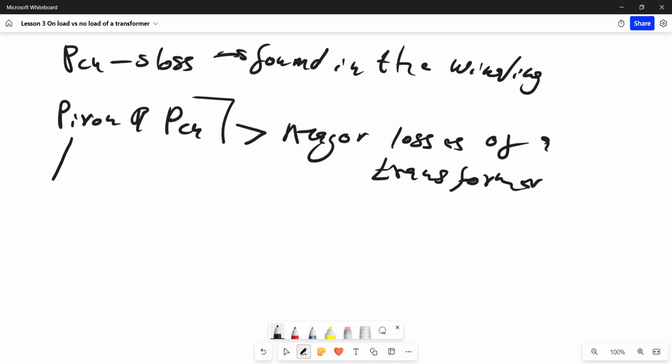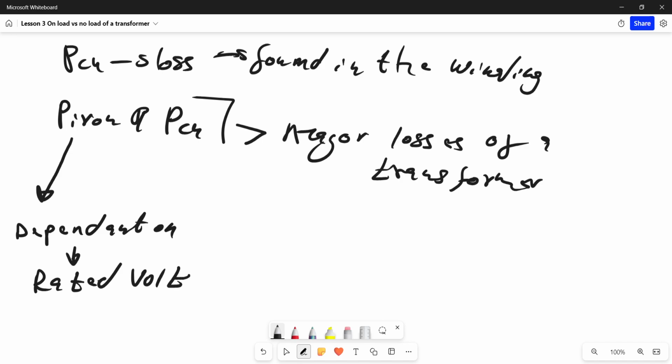Now, iron losses are dependent on rated voltage of the side in which we connect our lines to supply. I'm going to teach more on this when I'm doing the open and short circuit tests.